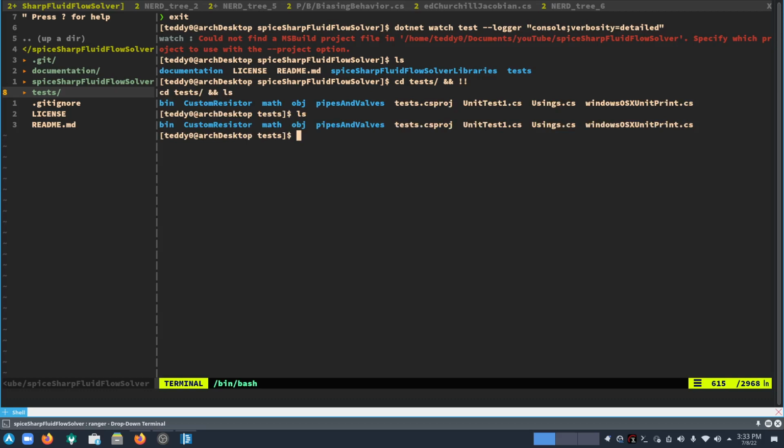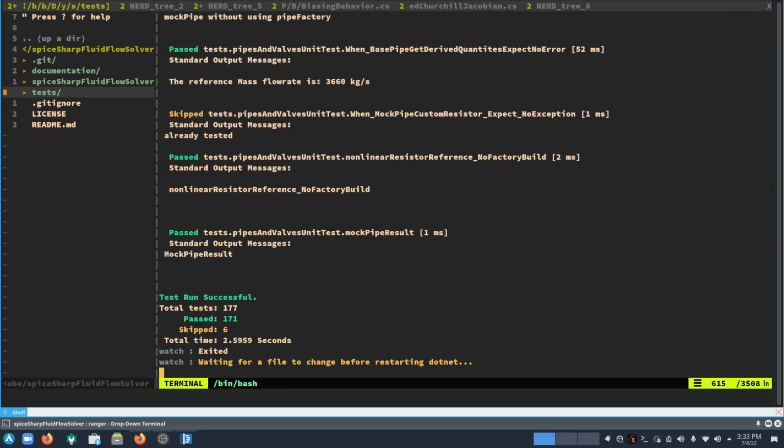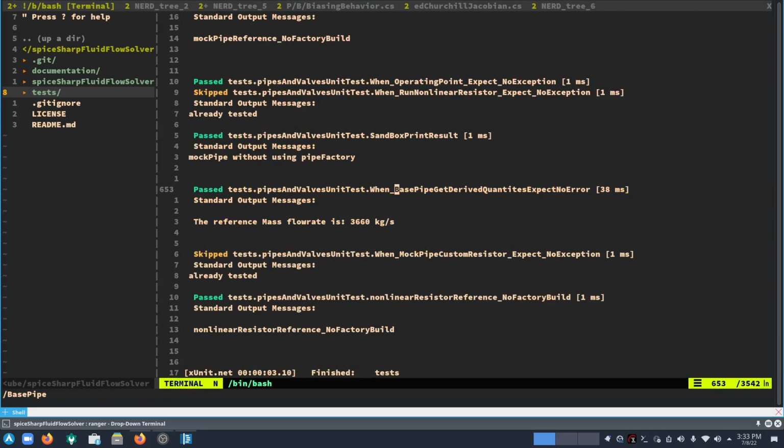Oh, okay, cd test and ls. That's not very helpful. Okay, this is what I want. BasePipe, everything seems to go well.